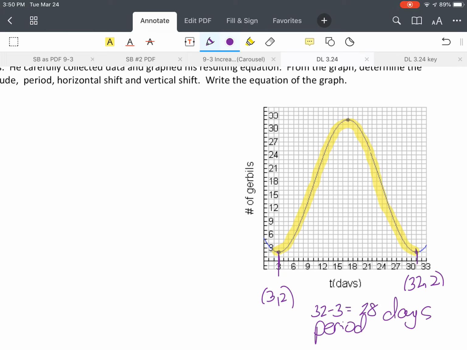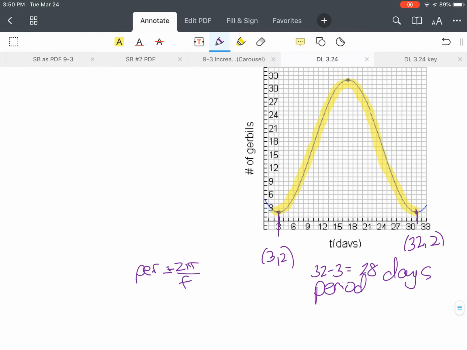If we know the period, we can figure out the frequency. So like we just did, we know the formula for period is 2 pi over frequency. So if the period is 28, that equals 2 pi over f.